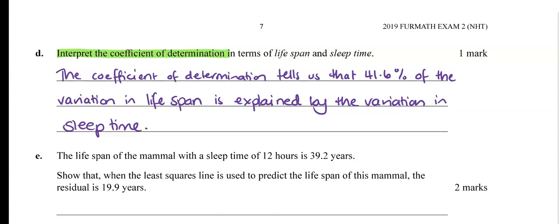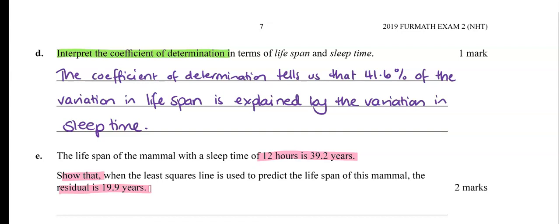Part E, the lifespan of a mammal with a sleep time of 12 hours is 39.2 years. Show that when the least squares line is used to predict the lifespan of this mammal, the residual is 19.9 years. So remember, show that question means you have to do all the calculations and work as if you do not know the answer.